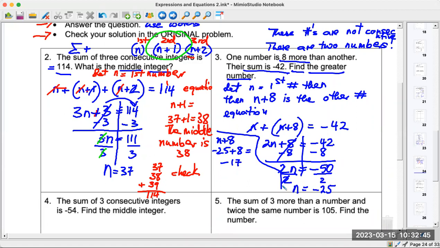So which one is the bigger number? Greater number: negative 25 or negative 17? Negative 17 is the greater number. So my answer is this. So I'm going to put that here.